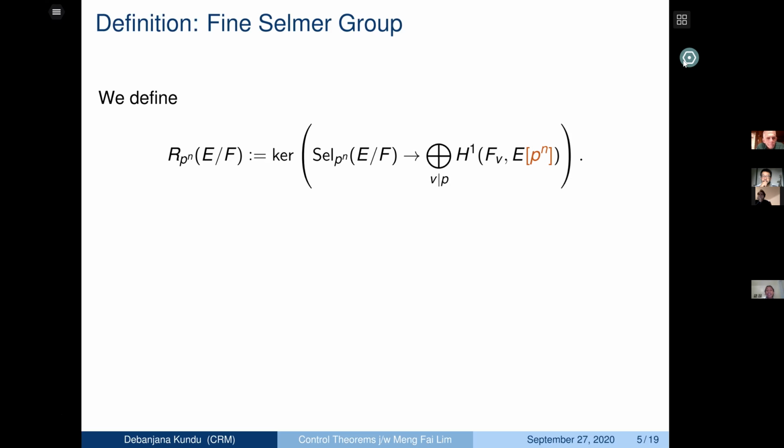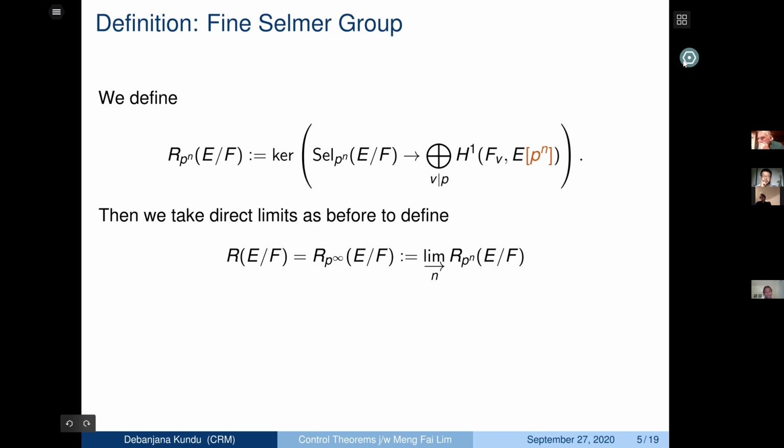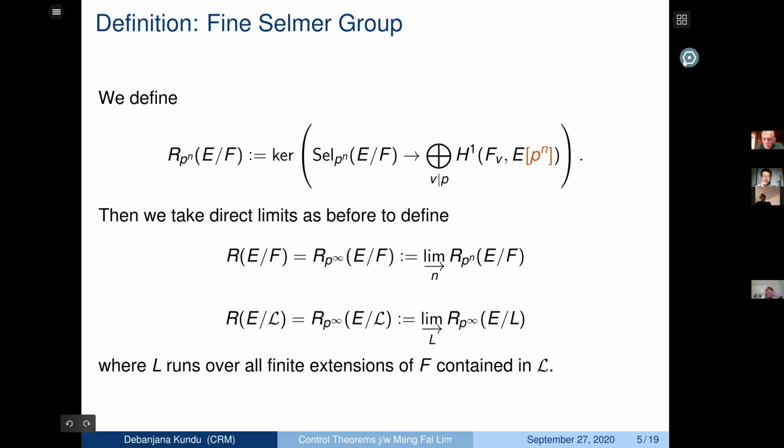How do you define it? You're just putting more conditions of vanishing at primes above p. Again, the technical definition is not so important for the purpose of today's talk, but it is something smaller than the Selmer group, with more vanishing conditions at primes above p. Again, you can take direct limits and study what's happening not just at the number field F, but as you go up the tower.